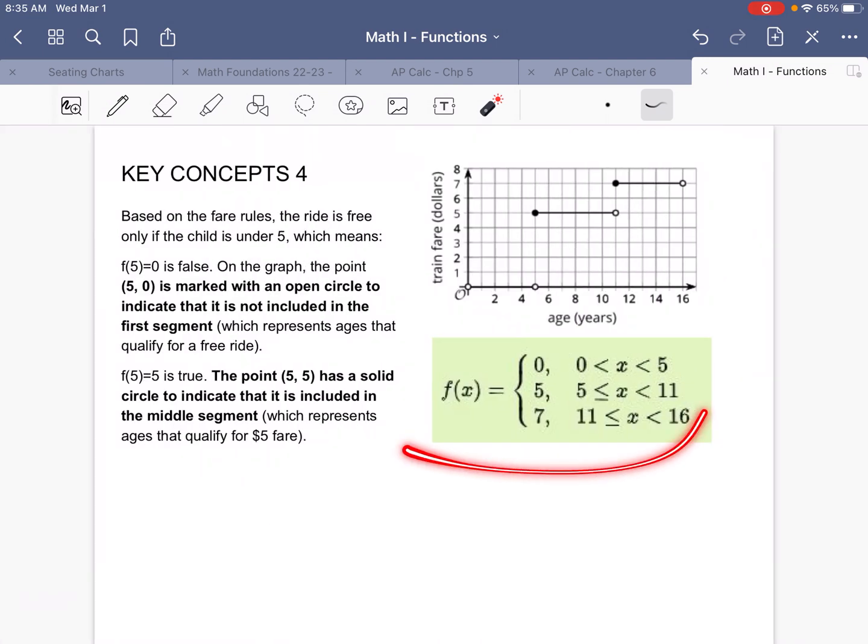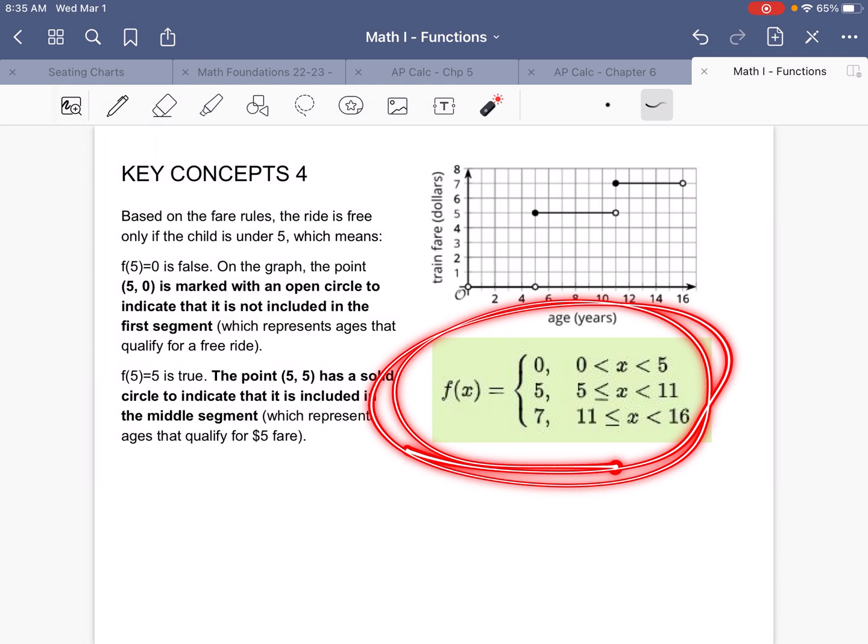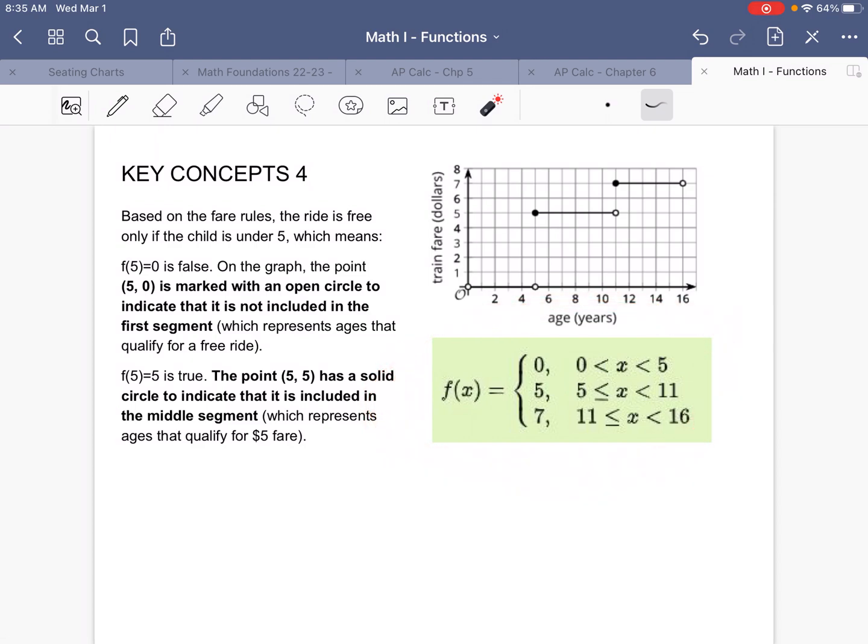We can show a piecewise function written out kind of like this. So we can say that f of x is equal to, and then we use this squiggle bracket to show that we're going to use multiple pieces. Well, it's 0 from 0 to 5 years old. And this is a less than and a less than, so 0 and 5 are not included. If a kid hasn't been born yet, you're not going to be paying for their ticket.